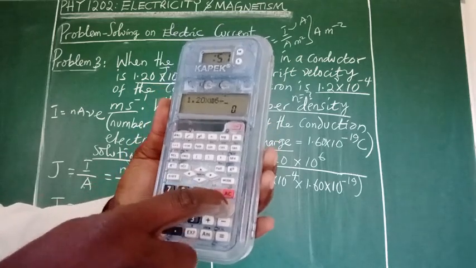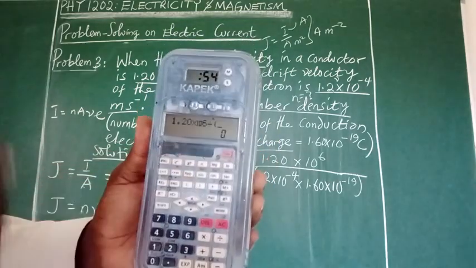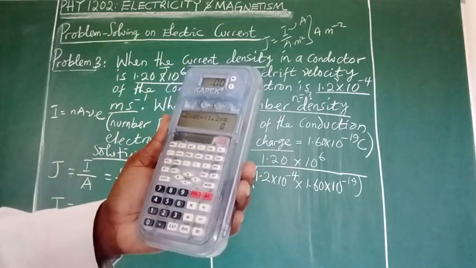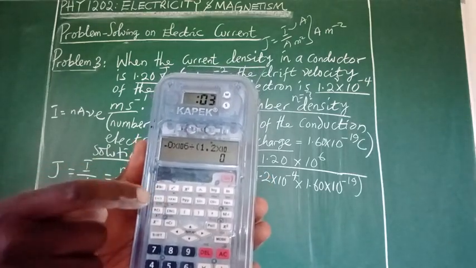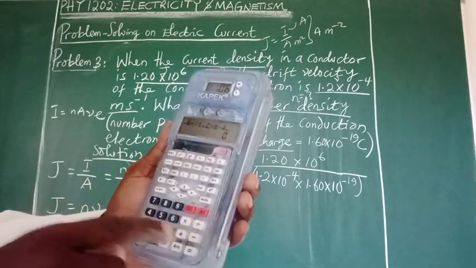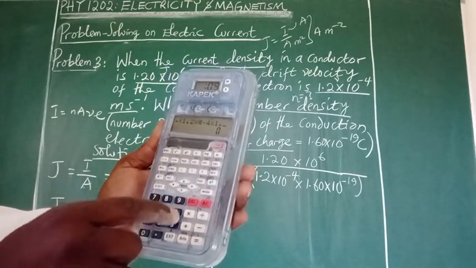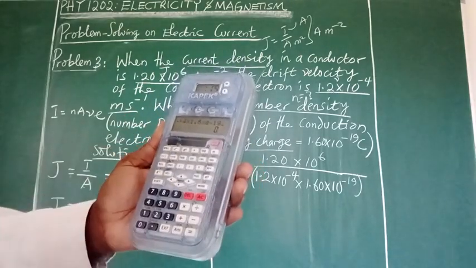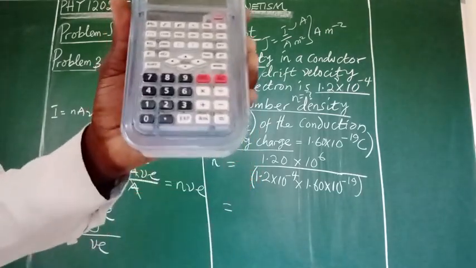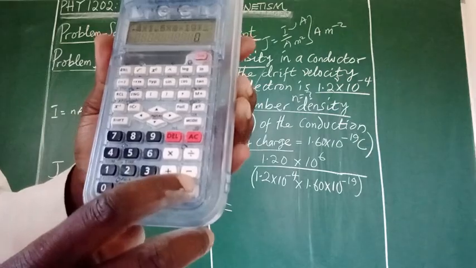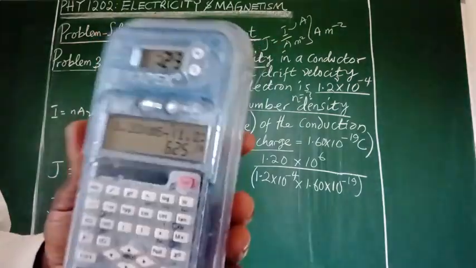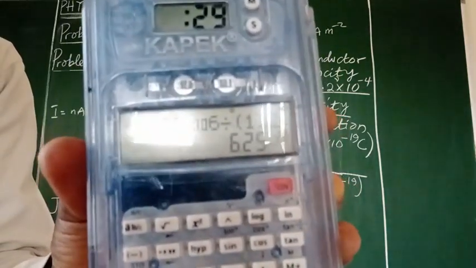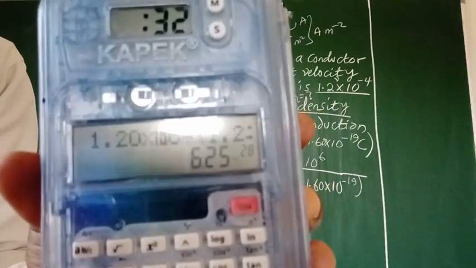So next we say divided by, then we open bracket, 1.2 exponential, we press exponential, the negative, look at the negative here, we press negative 4 times 1.6 exponential negative 19. Now close the bracket. After closing the bracket, you can now press this function to get the result. And our result is 6.25 times 10 raised to the power of 28.